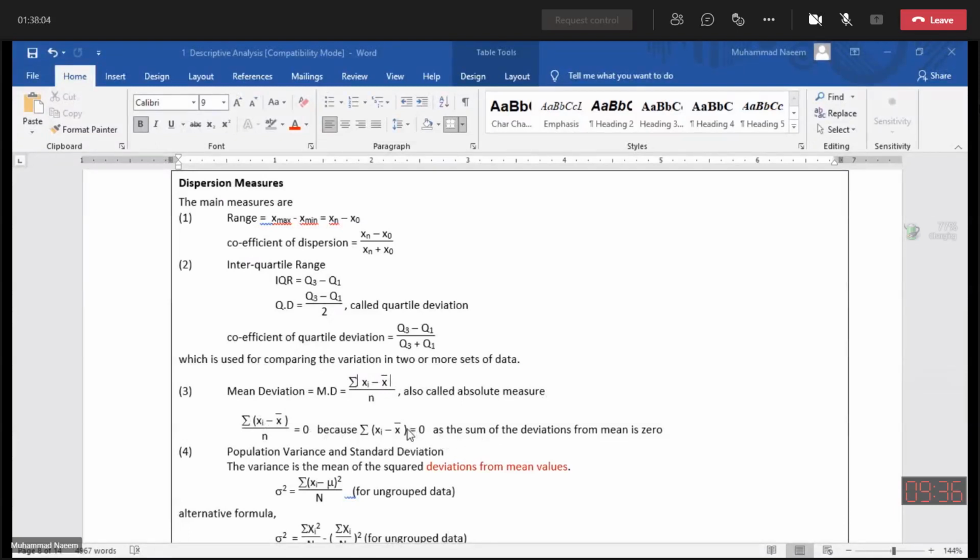Due to this property, xi minus x bar is just the deviation from the mean value, and the sum of the deviations from the mean value is always 0. But in mean deviation, we must put a modulus sign here for the calculation. Next one is the variance.